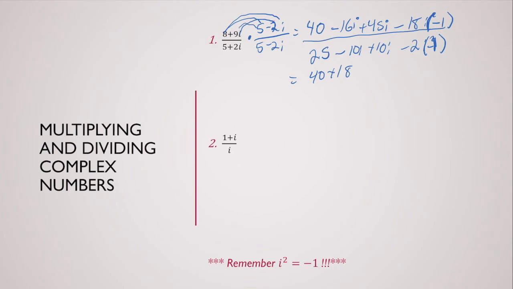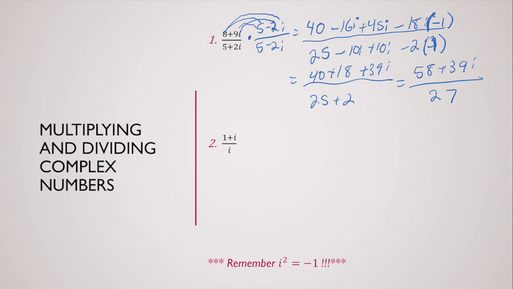So I've got positive 39i. My denominator, I have 25 plus 2. So final answer is 58 plus 39i over 27. And I cannot simplify that any further, I believe, by pulling out the greatest common factor.